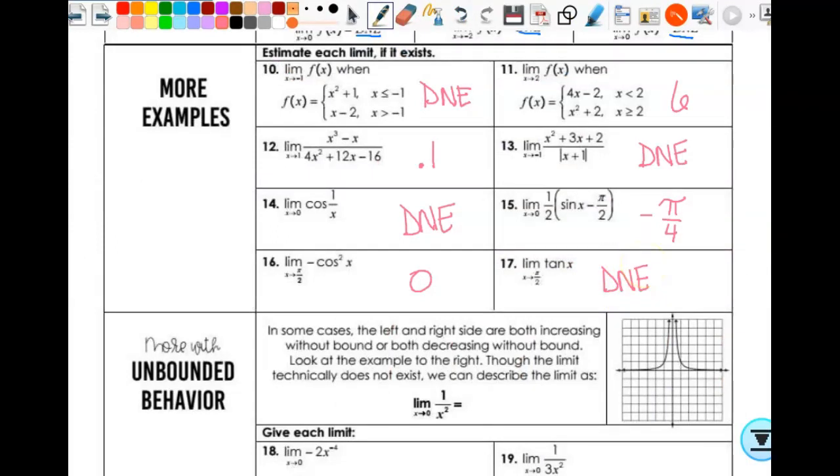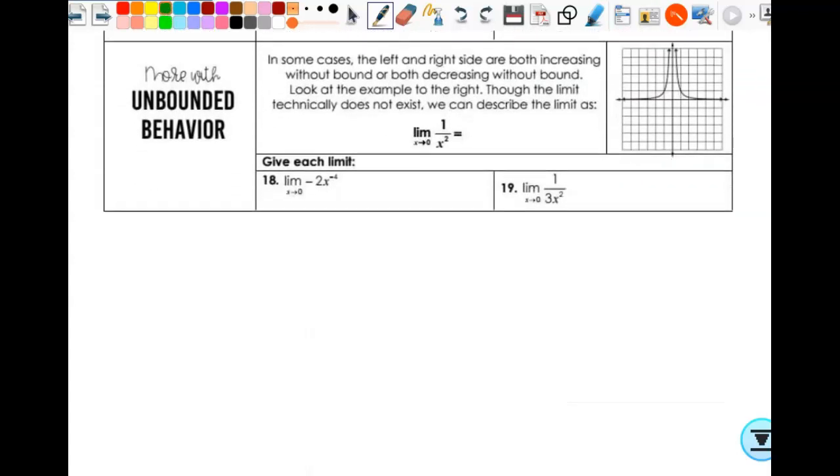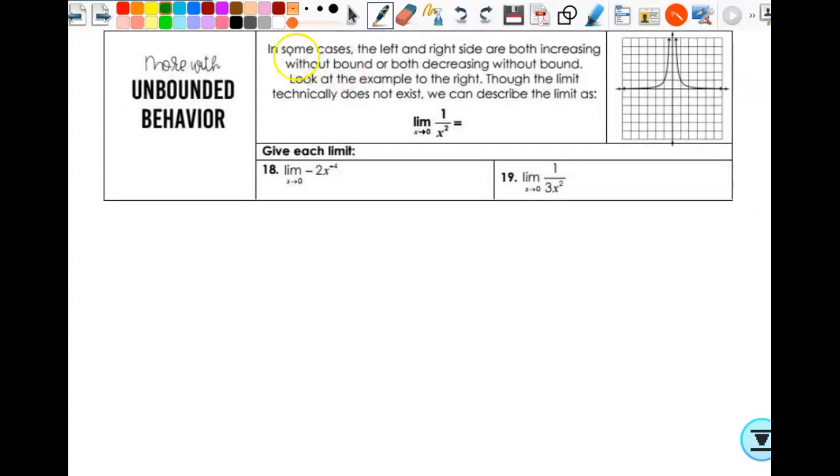Okay, we good? All right, here's a little side note about the vertical asymptotes and the unbounded behavior. This says, in some cases, the left and right side are both increasing without bound or both decreasing without bound. So that means if you're increasing to infinity or decreasing to negative infinity, that's without bound because it goes on forever.